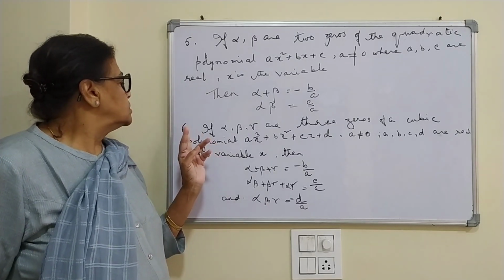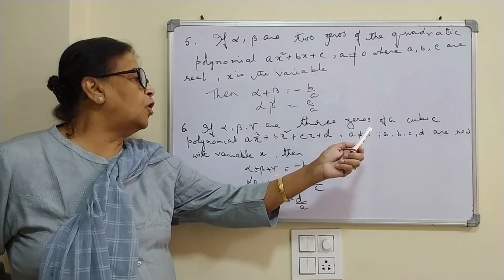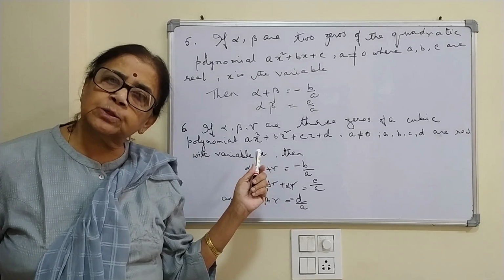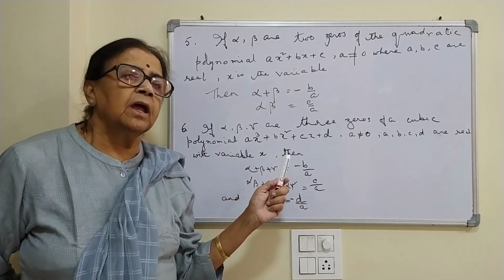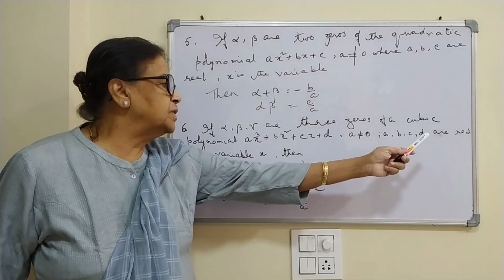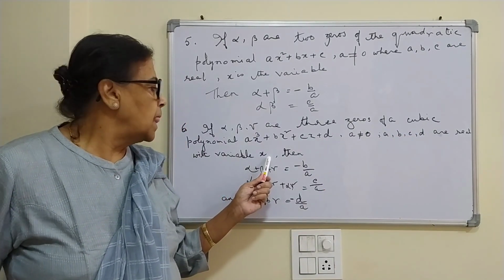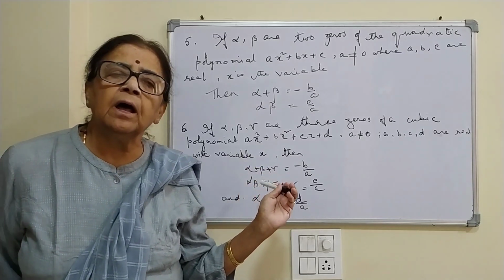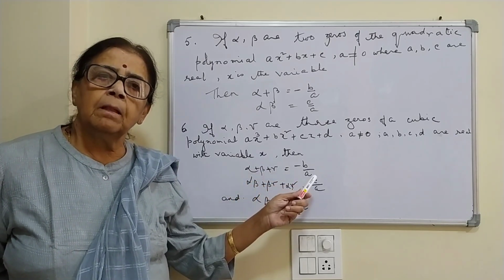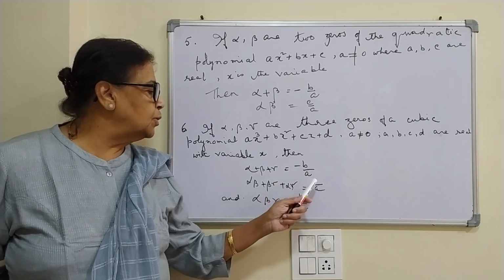Then, if alpha, beta, gamma are the 3 zeros of a cubic polynomial ax cube plus bx square plus cx plus d, a not equal to 0, a, b, c, d are real with variable x, then alpha plus beta plus gamma, that is the sum of the roots, will be minus b by a, and alpha beta plus beta gamma plus gamma alpha is equal to c by a.